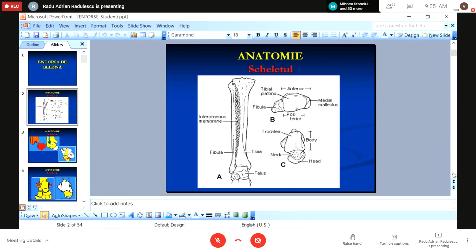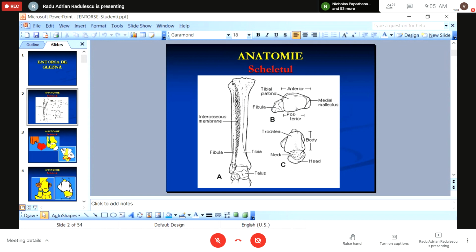If you remember again from anatomy, the ankle is a joint which is between the distal epiphysis of the tibia and the distal epiphysis of the fibula, and the proximal talar bone, which is the talus. So you can see here, these two bones, the tibia and the fibula, form a sort of reversed U-shaped bone end.